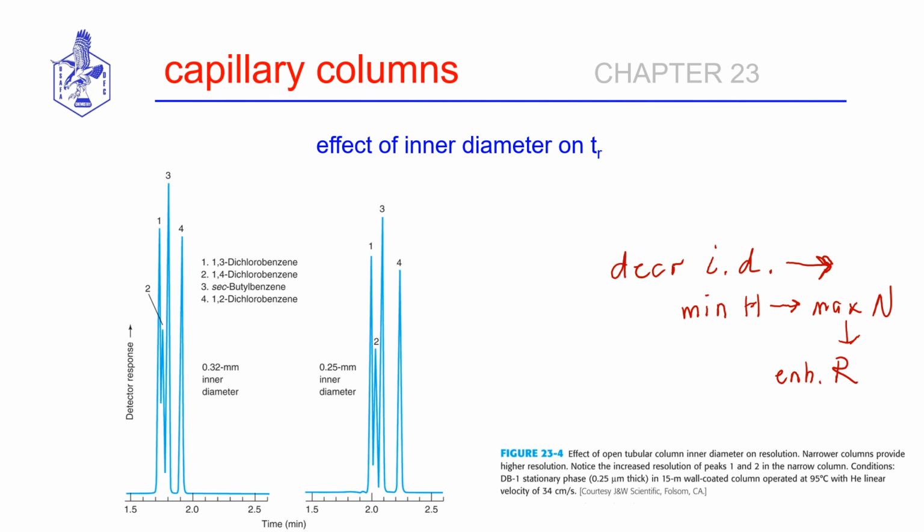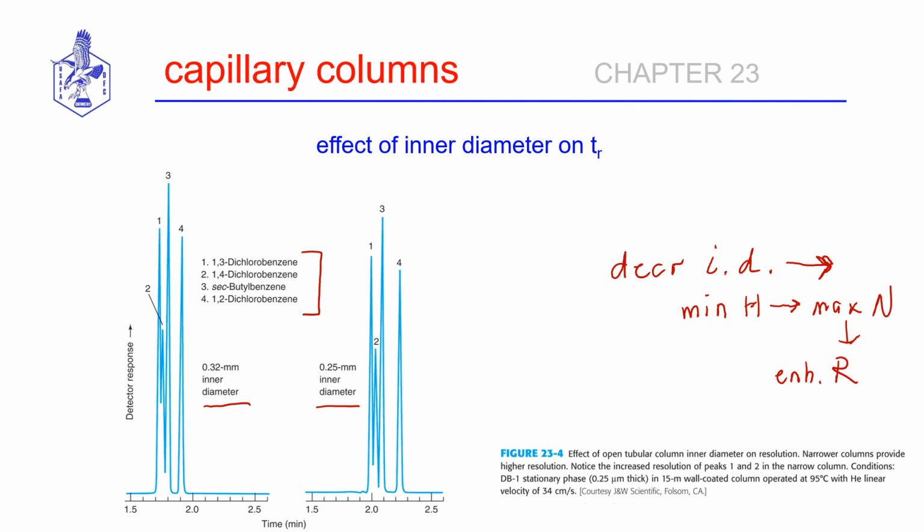Okay, real data that demonstrates this relationship. We are comparing the separation of these 4 compounds on identical columns, the only difference in the columns is the inner diameter. So the first one is a 0.32 millimeter inner diameter, bigger than the one to the right, the 0.25 millimeter inner diameter.